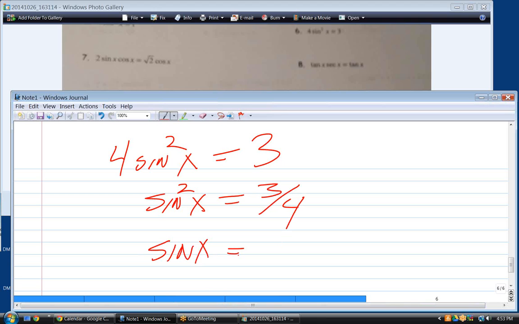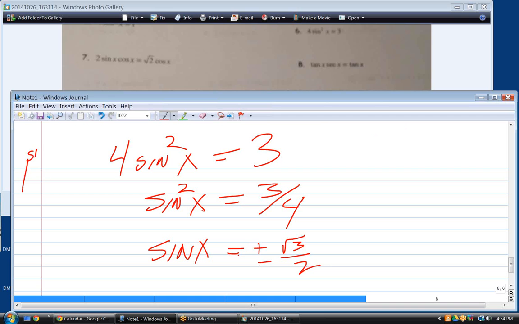Look at that little triangle for the 30/60. Well, take the square root of this number. What's the square root of 3 divided by the square root of 4? It's root 3 over 2. And that's one of the common ones. That's the sine of 60 degrees. But it also is plus or minus.